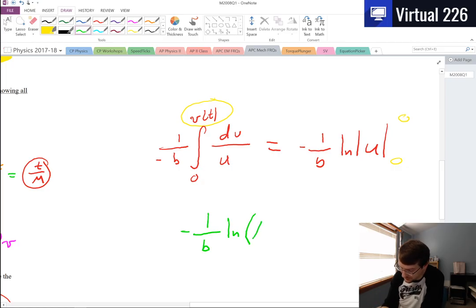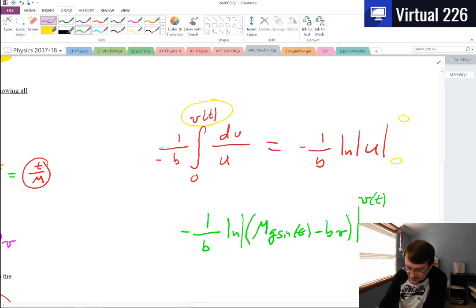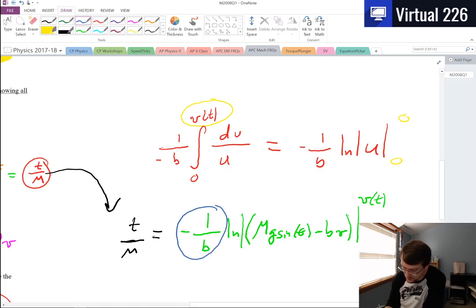My u term was mg sine of theta minus bv. And then I like to bound that from 0 to v of t. Okay, and remember, this was all equal to t over m. And to make my life a little bit easier, a little neat trick here, I'm going to take this minus 1 over b and bring it over to the other side. So it's going to be a minus bt over m.